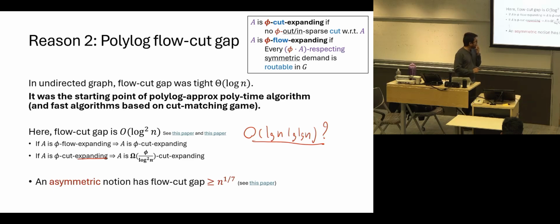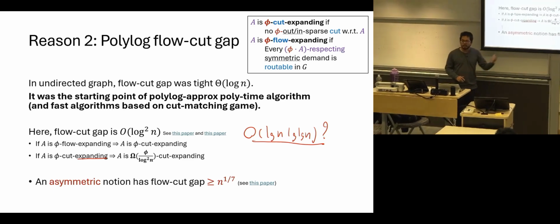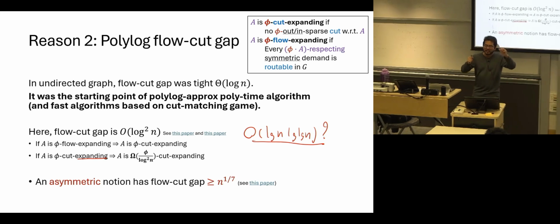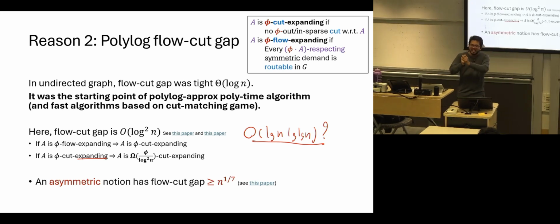Now, it turns out that for a natural asymmetric notion, we can talk about some notion of asymmetric flow expansion, where instead of insisting on only routing symmetric demand, you can route any demand; the demand from A to B and B to A don't need to be the same.